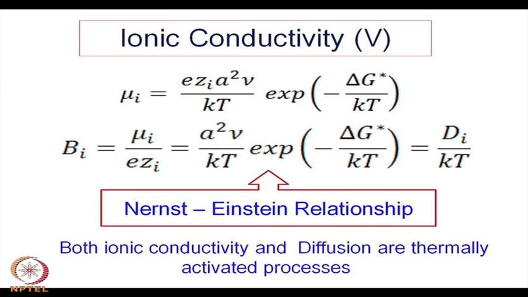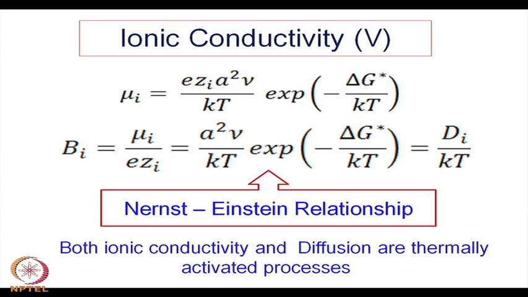So, in diffusion it is the concentration gradient which is the driving force, whereas in ionic conductivity it is the impressed EMF, impressed voltage or electric field, which is the driving force, because the species are charged and therefore they respond to the electric field as well. But since the species themselves contain some mass, the concentration gradient also plays an important role.